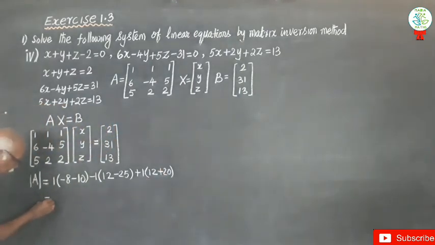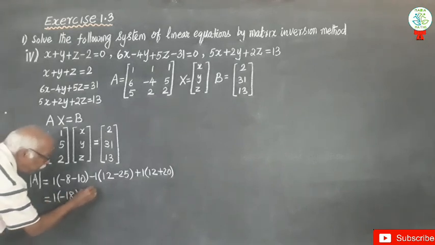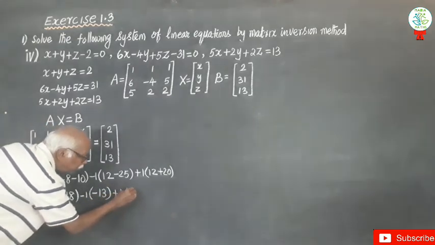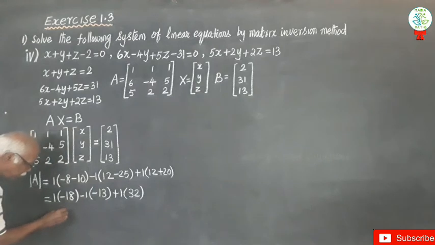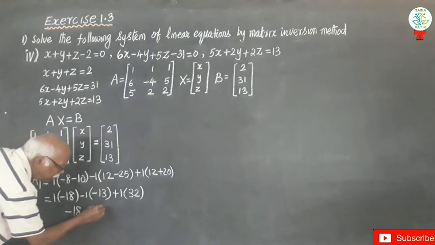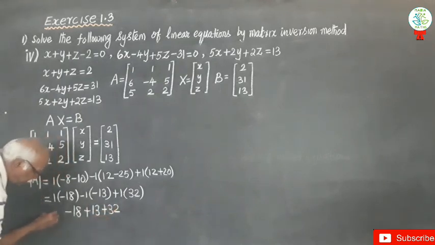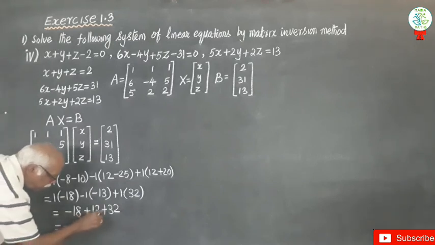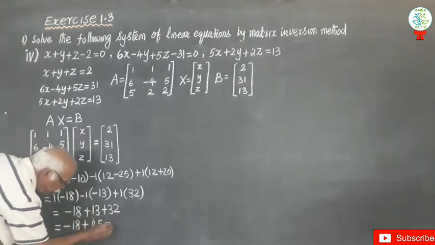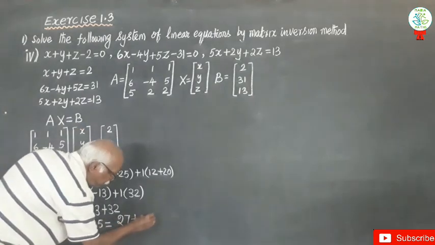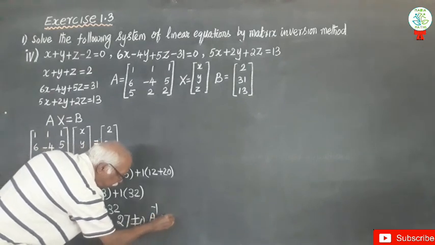Then 1 into minus 18, minus 1 into minus 13, plus 1 into 32 is equal to minus 18 plus 13 plus 32, which is 27. Not equal to 0. Therefore, A inverse exists.